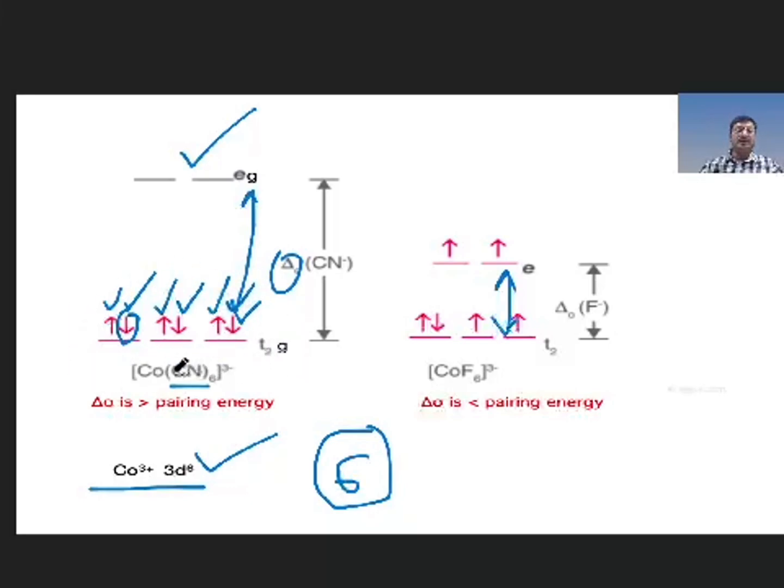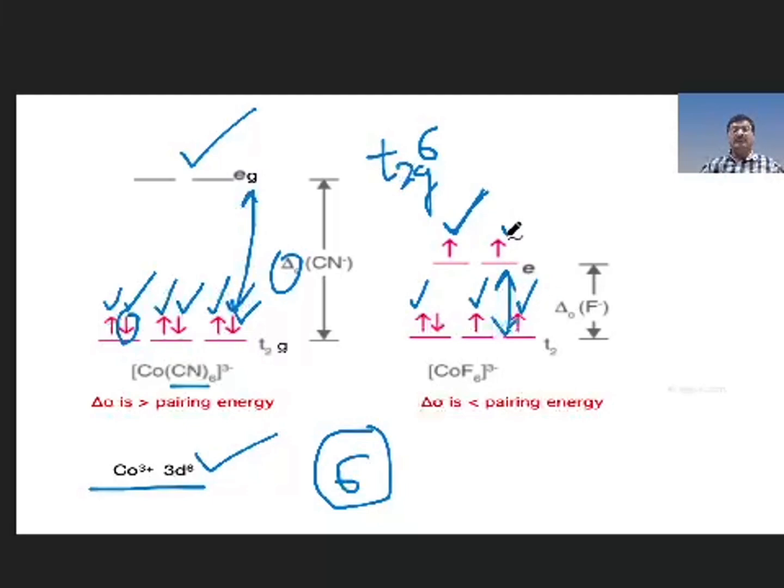The electronic configuration of this compound is t2g6. And when you come to the high spin compound, the first electron will go to t2g, the second electron to the next t2g, the third electron to the third t2g. And when you come to the fourth electron, when the delta value is less, it will go to the eg level.